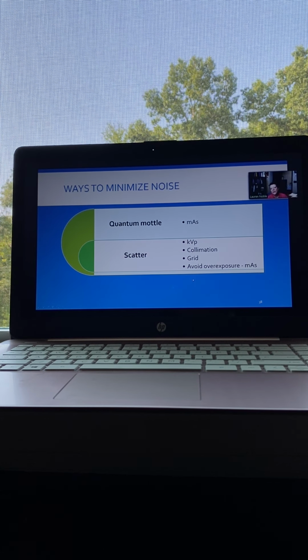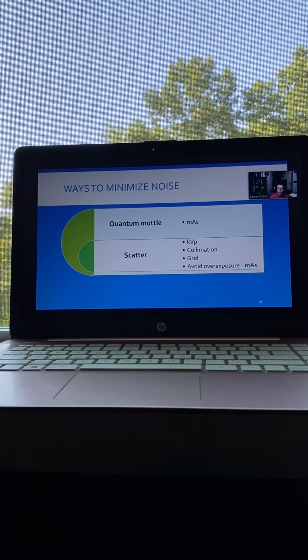The other thing is to avoid overexposure. Now, mAs, if your mAs is too high, okay, mAs does not cause scatter. What causes scatter is kVp. In other words, when we looked at interactions in matter, we looked at the factors that impact Compton and photoelectric.